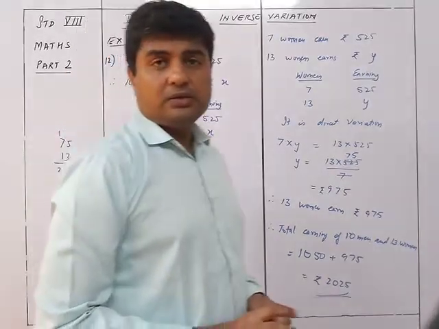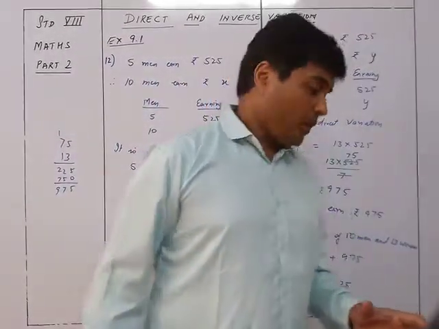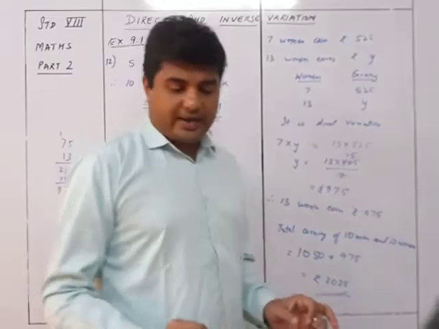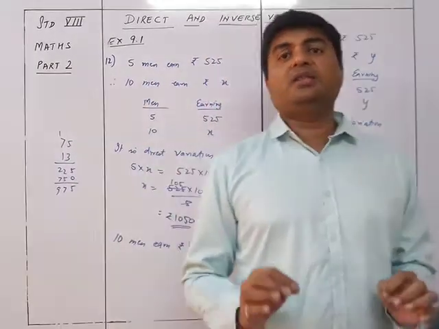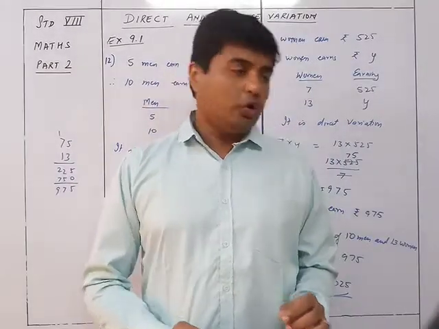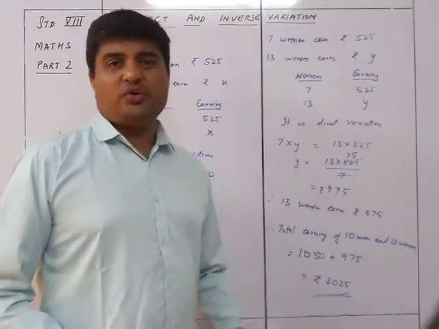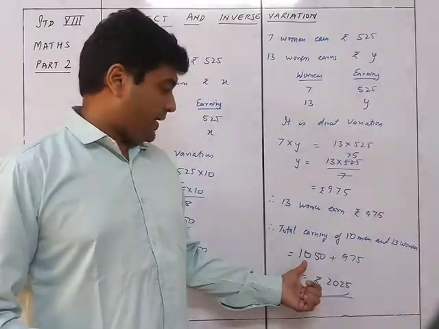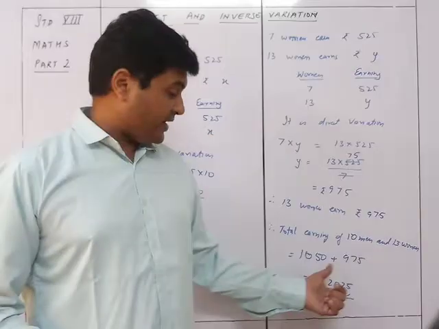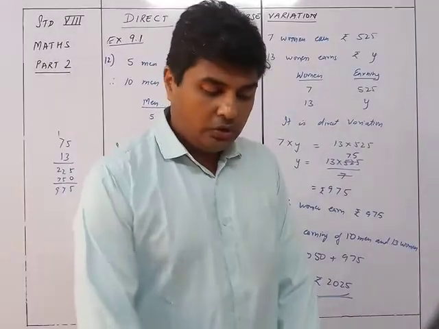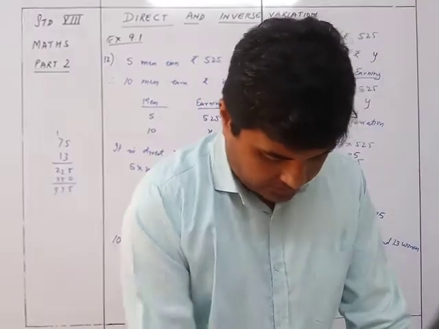Is it clear? So we can see over here that the total earnings of 10 men and 13 women is going to be 2025. Okay, addition of 1050 plus 975, that will be 2025.